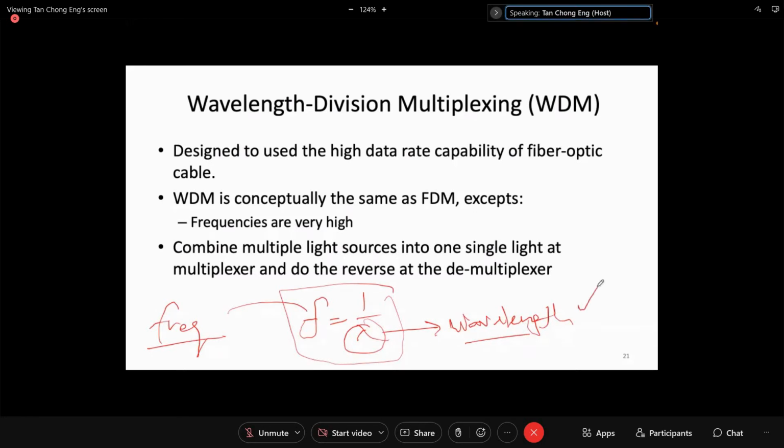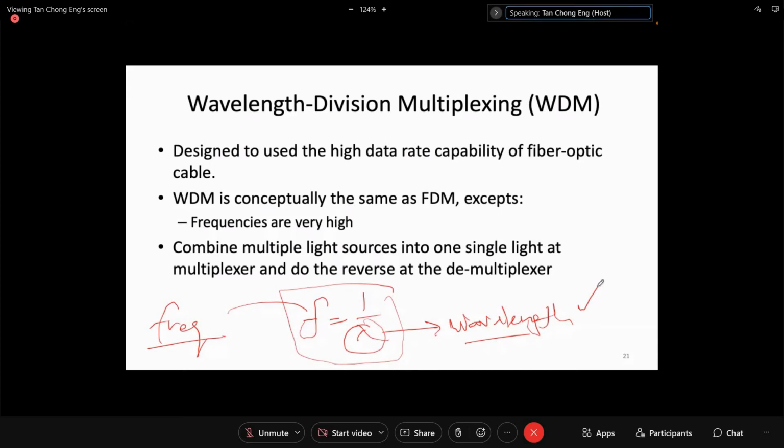This means that if your fiber optic can allow multiple wavelengths to enter, you can allow multiple lights to enter it. So one single fiber optic can be shared by multiple users by allowing multiple light sources to shine into the fiber optic itself. Each light source is represented by a wavelength. That is the whole idea.